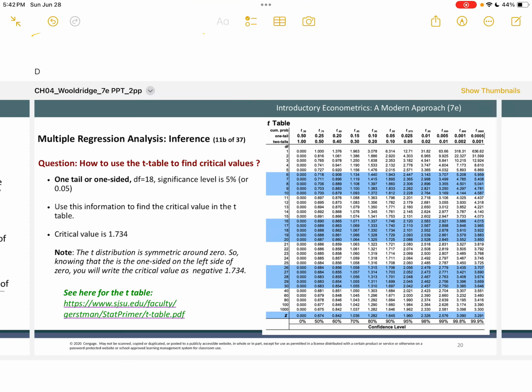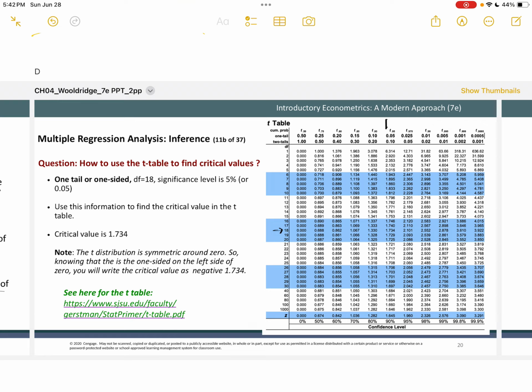And this is how I found 1.734 in the table. If you notice, there aren't any negative values in the table. But then I add a negative sign because it's left-sided. It's on the left side, not on the right side. My beta j in the alternative is less than 0, so I have to put the negative sign in there.